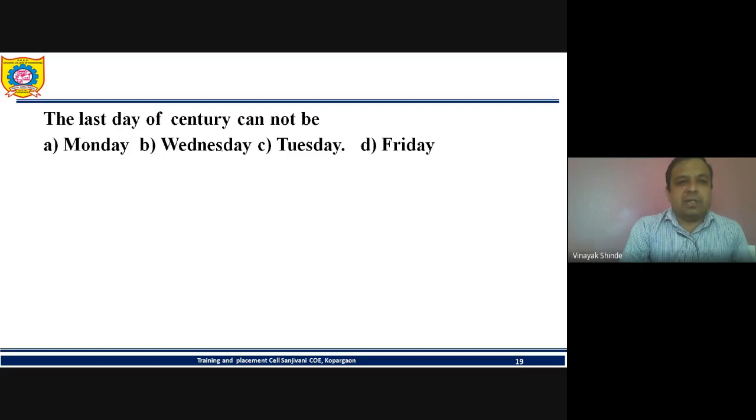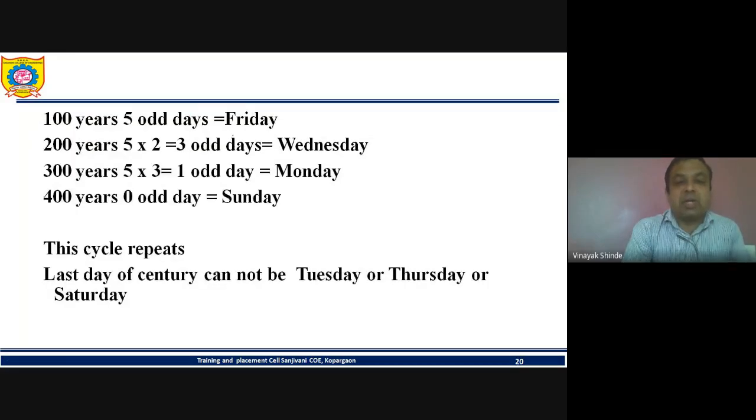Initially I told you about the last day of a century year. This is also a very important question, because I have seen it in many aptitude tests. It asks which day cannot be the last day of a century year. We have calculated the last day of the 100th, 200th, 300th, and 400th year. For the 100th year, the last day is Friday, 5 odd days. For the 200th year, 3 odd days, so it is Wednesday.